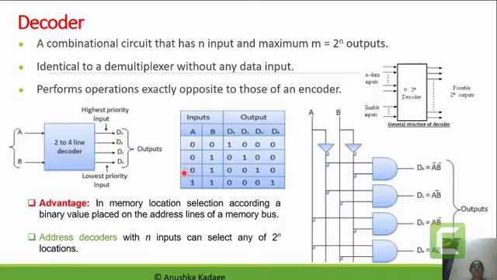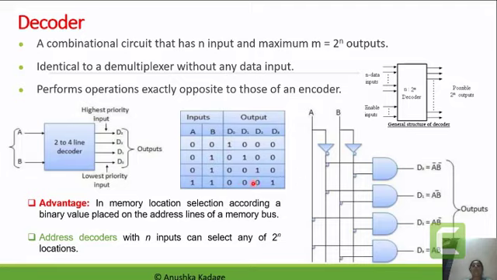Please make a correction for this third row, friends. It should be 1 0, and for this 1 0 input combination, the third output line has to be selected, which is made 1 for D2, while all other three outputs are represented as 0. With the final input combination of 1 1, the fourth output line will be made 1, while all other output lines will be made 0.